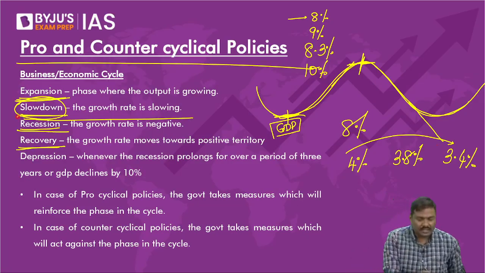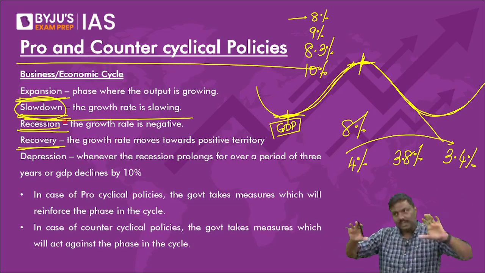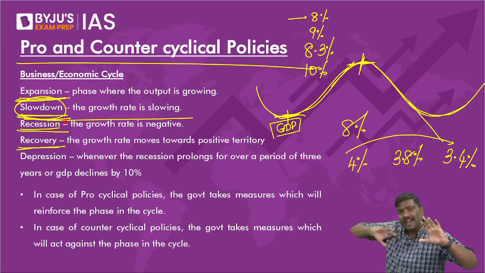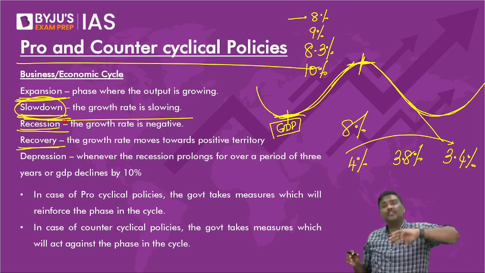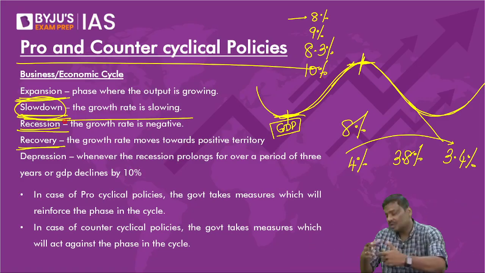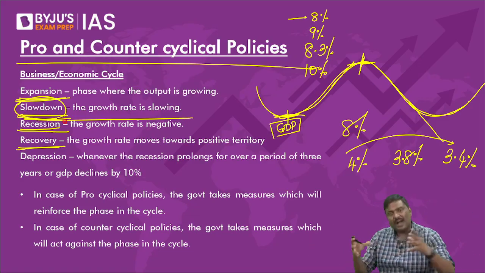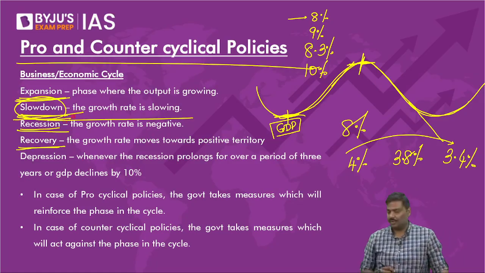That is called as a slowdown. So whenever GDP expands, right, grows at a very good pace, rising growth rate, expansion. But the other side of it is the growth rate will start becoming slower and slower. The expansion will slow down. That is called as a slowdown.